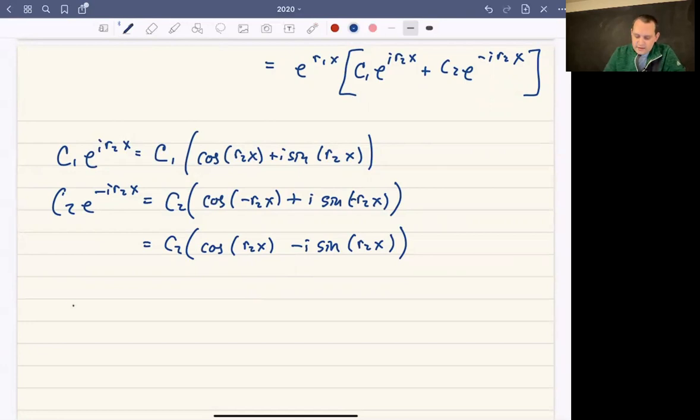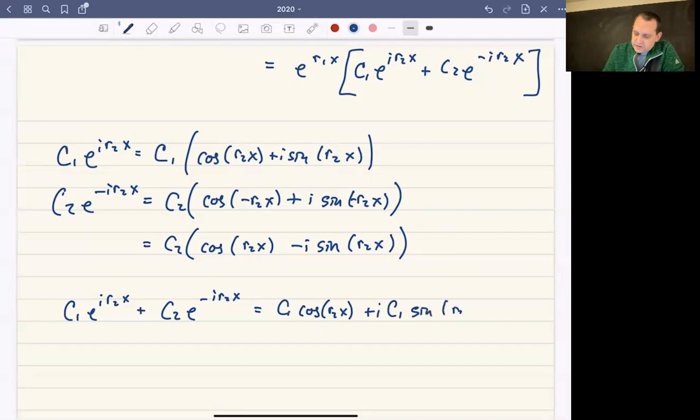If we add these together, C1 e to the I R2x plus C2 e to the negative I R2x, that's going to be equal to C1 cosine of R2x plus I times C1 sine of R2x plus C2 cosine of R2x minus I C2 sine of R2x.